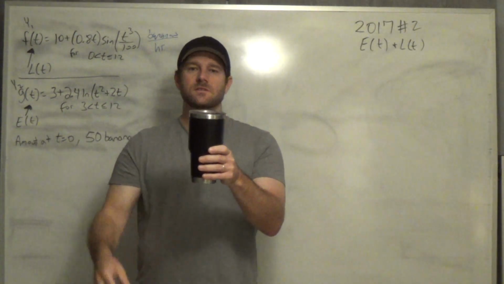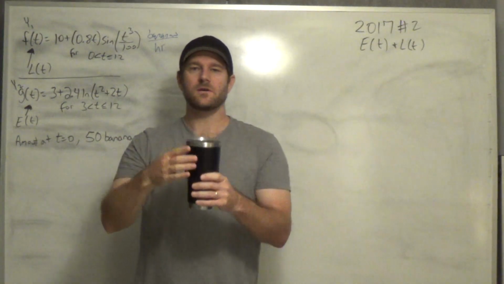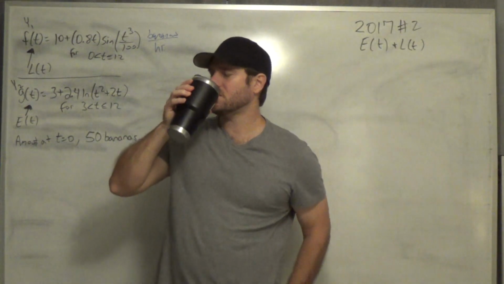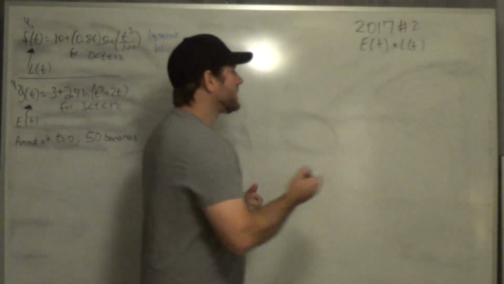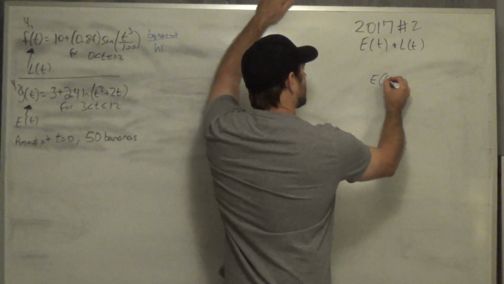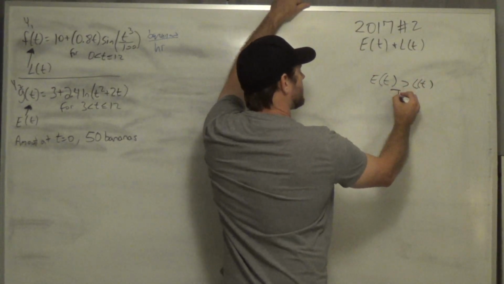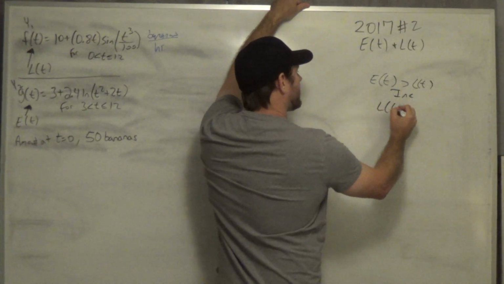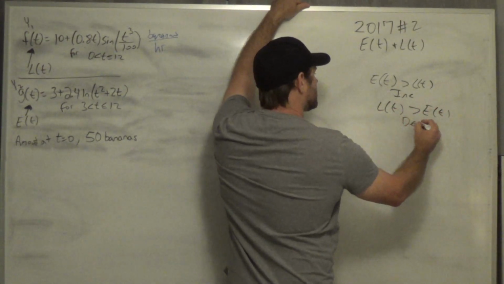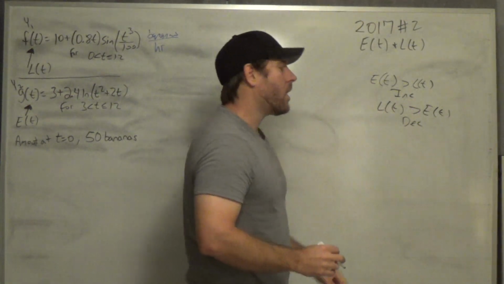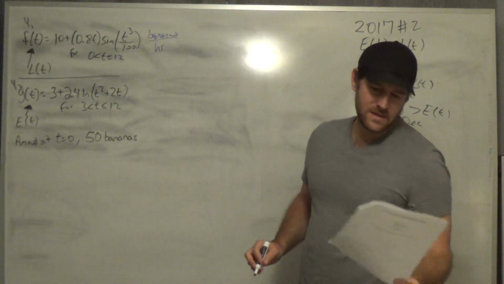And if L of t is faster than E of t, then it's leaking faster and the amount goes down. So just which one's bigger, E of t or L of t? So again, if E of t is greater than L of t, it's increasing. And if L of t is greater than E of t, it's decreasing.